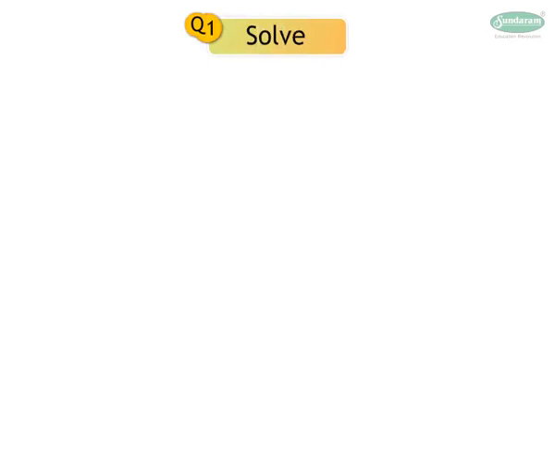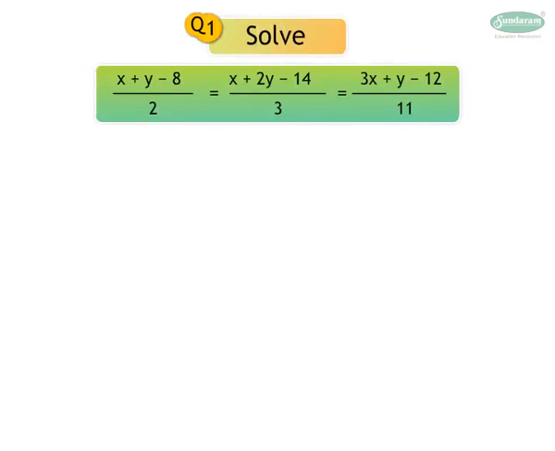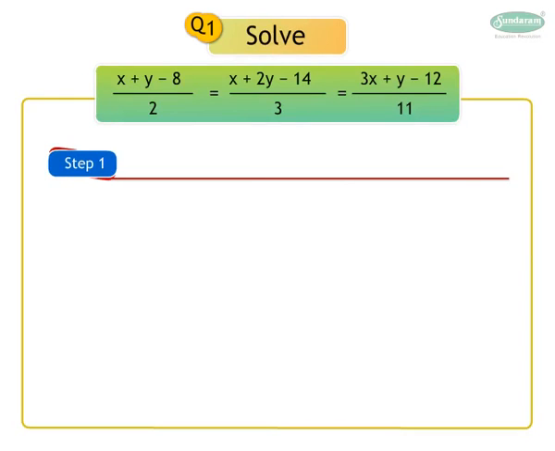Question 1. 3. Solve (x plus y minus 8) upon 2 is equal to (x plus 2y minus 14) upon 3 is equal to (3x plus y minus 12) upon 11. Step 1. Here we have three expressions.